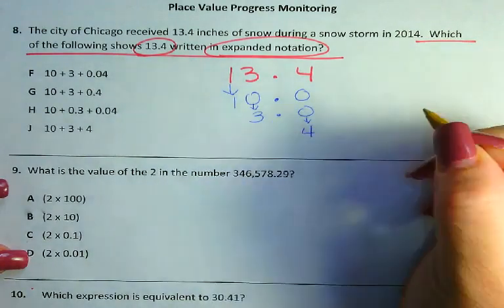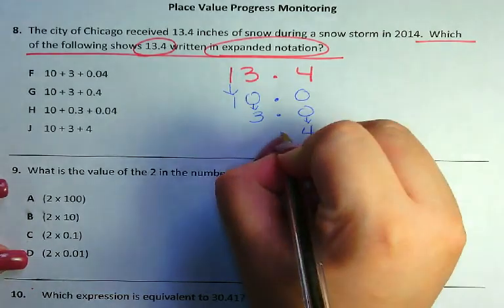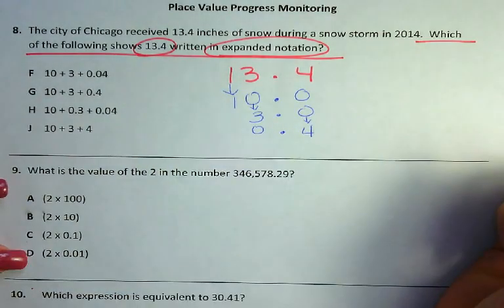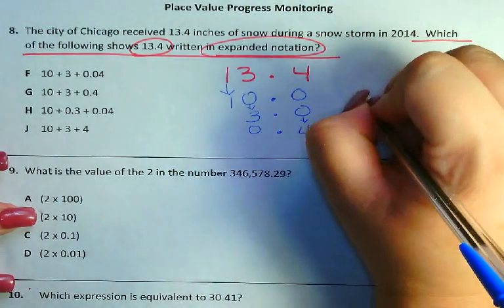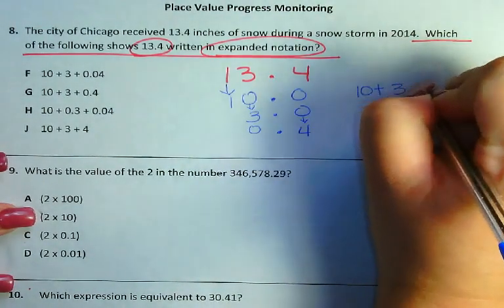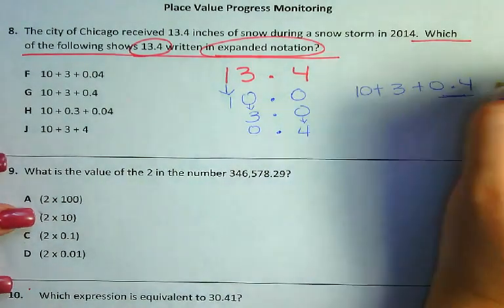The 4 in the 4/10s. So that would be your value. Okay, so then we just add them together. So we add 10 plus 3 plus 4/10, because it's only one decimal point.